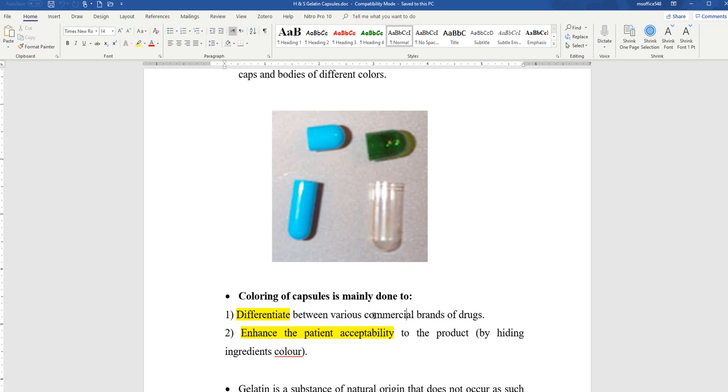This will allow you to differentiate between commercial products. Also, you will be able to hide the drug inside. So if the drug has an unacceptable color or a color that is not attractive to the patient, you can hide it inside the capsule shells.